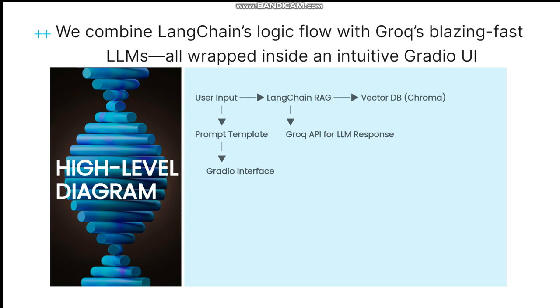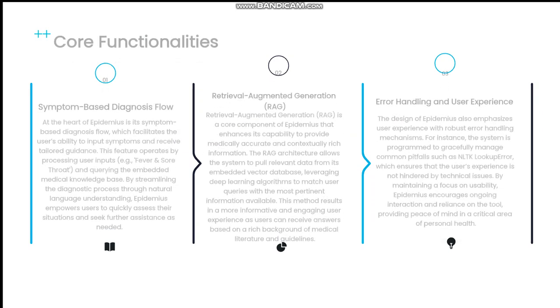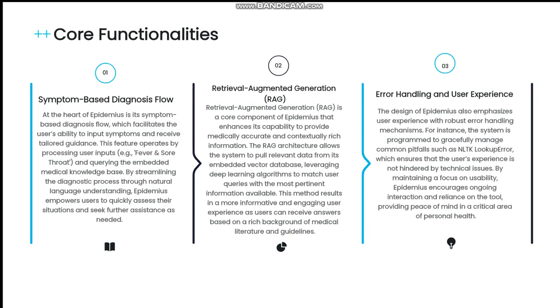LangChain queries the vector database where all the medical knowledge is embedded. A prompt template then structures this retrieved information to be processed by the Groq API, which interfaces with the LLM. Finally, the LLM generates a human readable response that is displayed back on the Gradio UI. These are the core functionalities, which are already mentioned in the presentation.